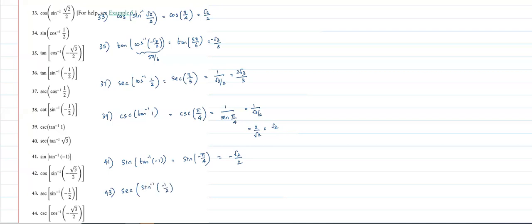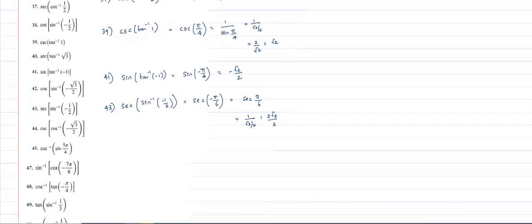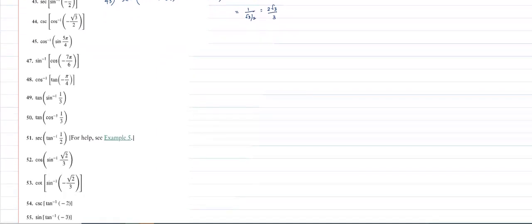Again, sine inverse of negative half, fourth quadrant, is negative pi over 6, right? And secant is an even function. So secant negative pi over 6 is the same as secant pi over 6, which is 1 over root 3 over 2, which is 2 root 3 over 3. Okay. Next, 45.